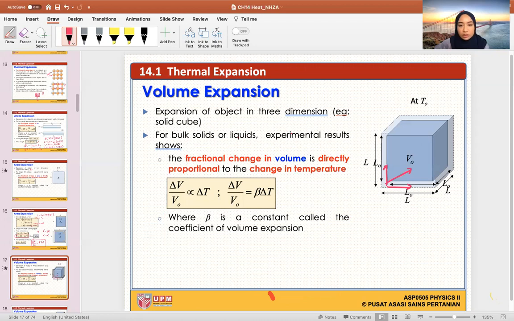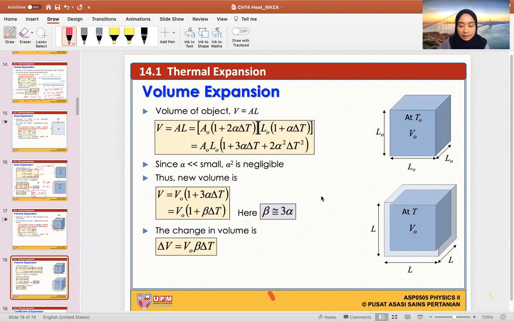For bulk solids or liquids, experimental results show that delta V over V naught is proportional to delta T. Same as before, except now the constant is called beta. Just now it was alpha, then gamma, now it's beta. Beta is equal to 3 alpha. I've already given you the spoiler. So beta is equal to 3 alpha.